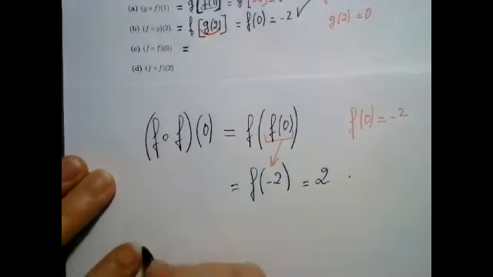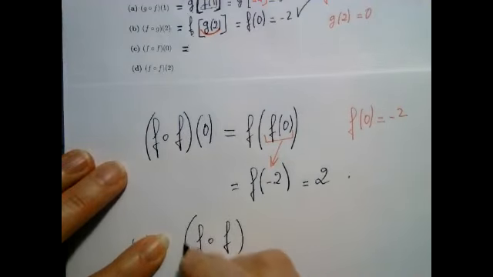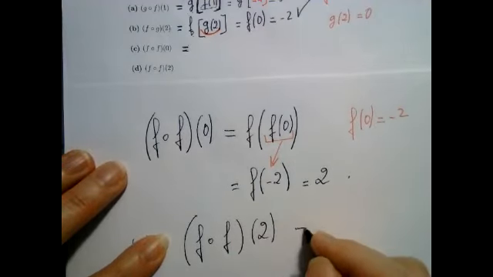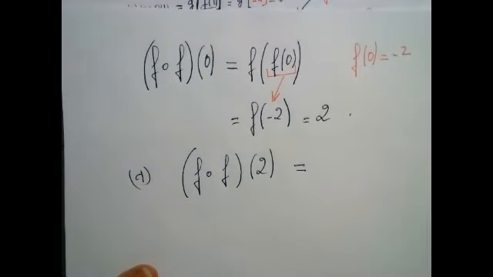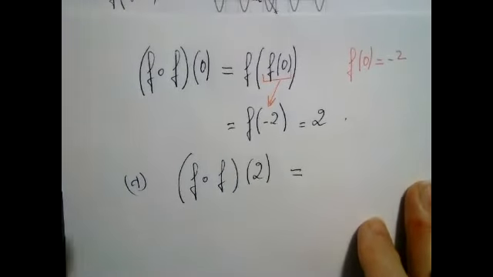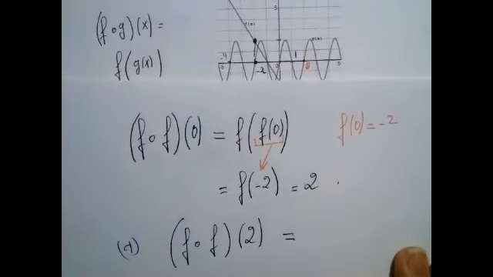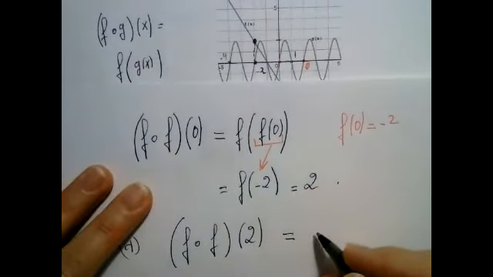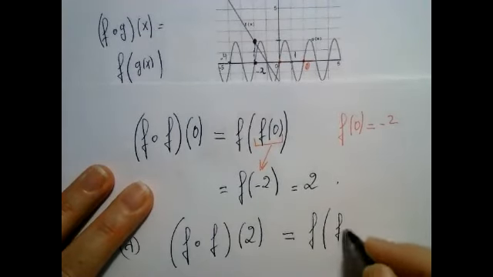I'm out of time, so I will do the last one quickly. I think it's f composed with f of 2. Okay, I will pick one arbitrarily. Grace, do you think you can do it? Yeah, I can. Go for it. First the setup. I don't want answers. So it would be f of f of 2.